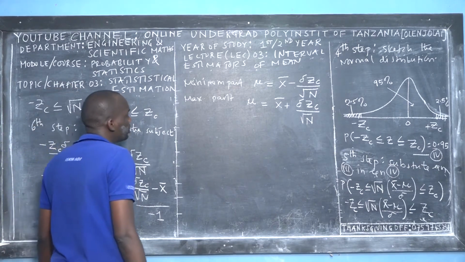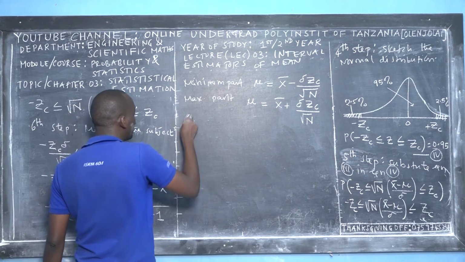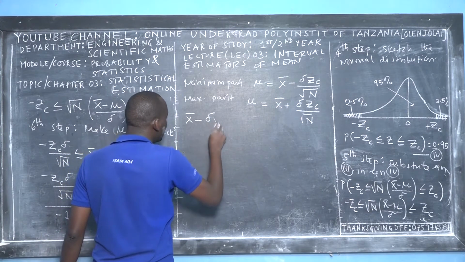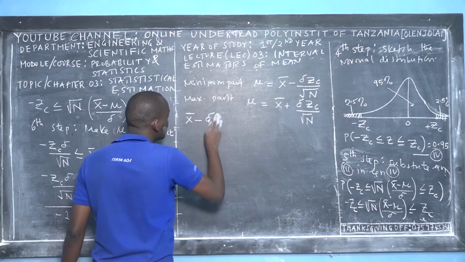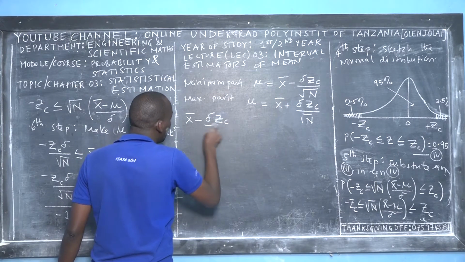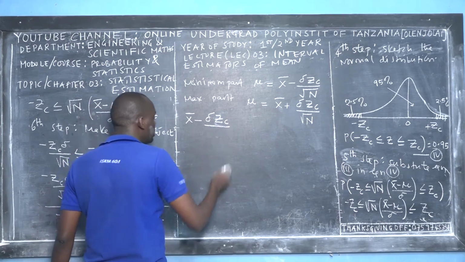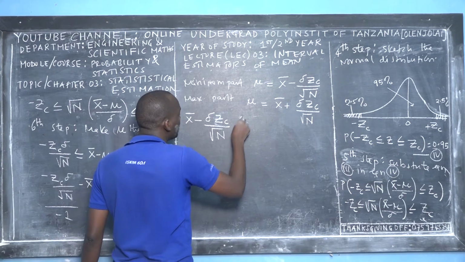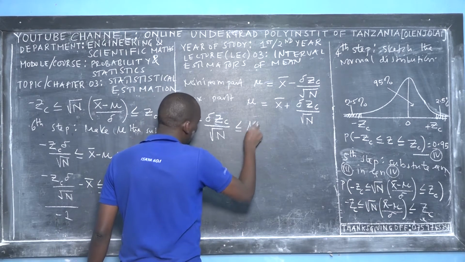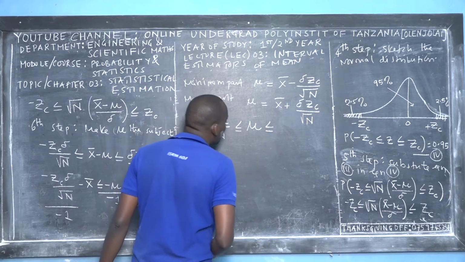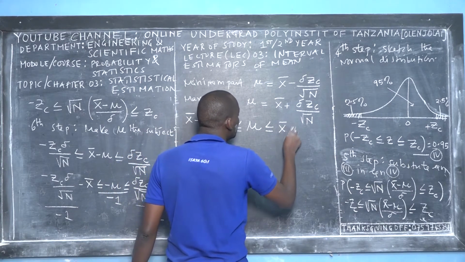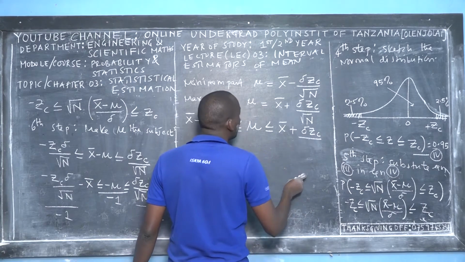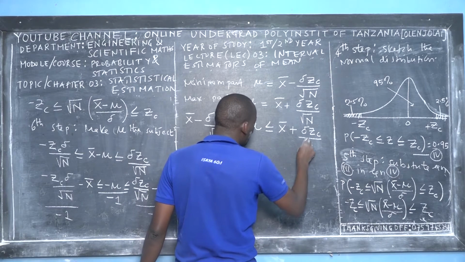From this concept, the sample mean minus the population standard deviation times the standardized value at a particular confidence level, where c represents the confidence level, over the square root of n, will be less than or equal to the population mean, and this will be less than or equal to the sample mean plus the standard deviation times the standardized value at the significance level.